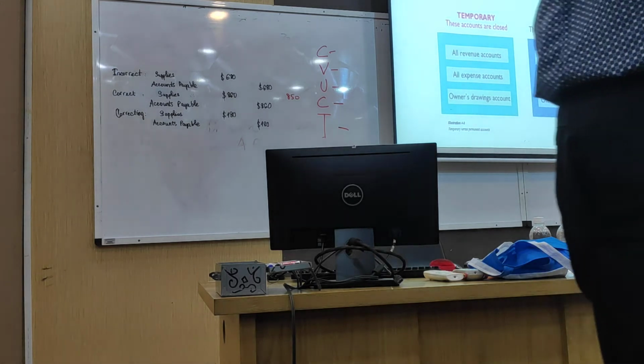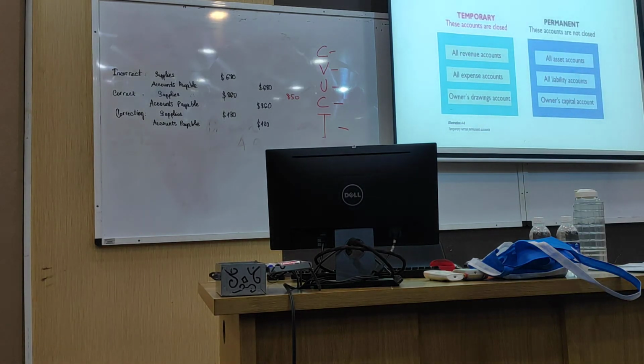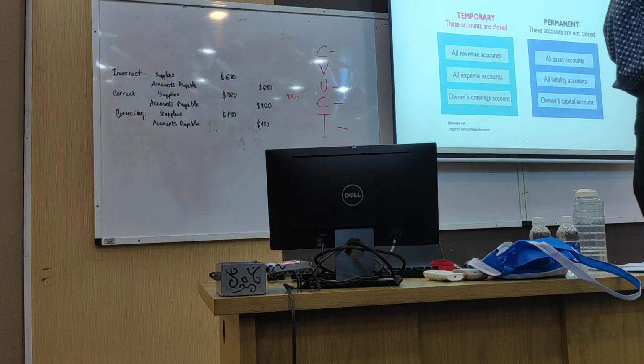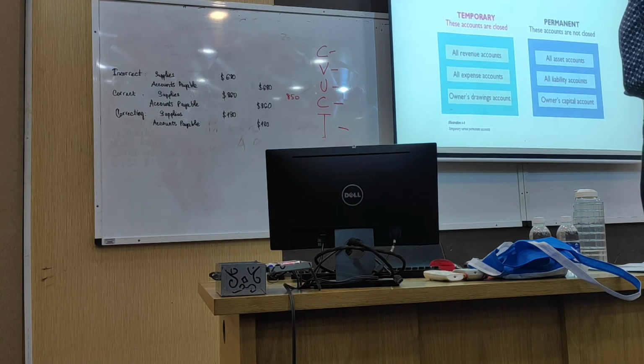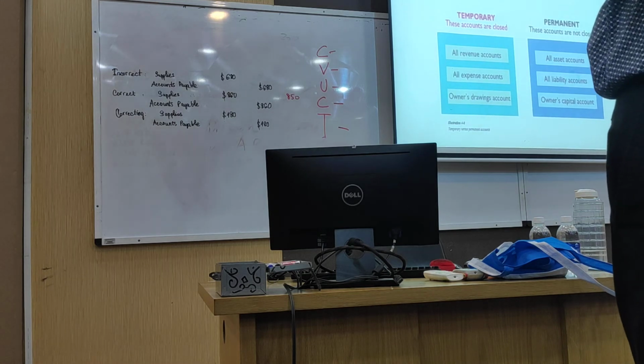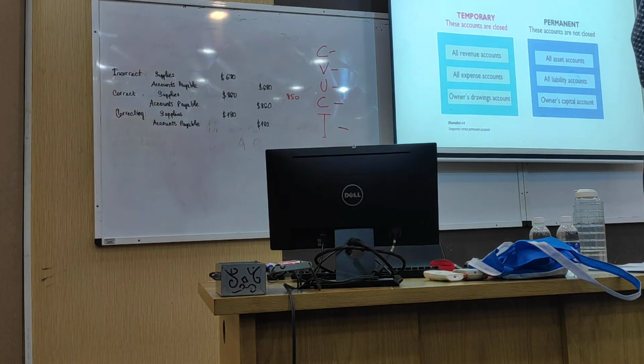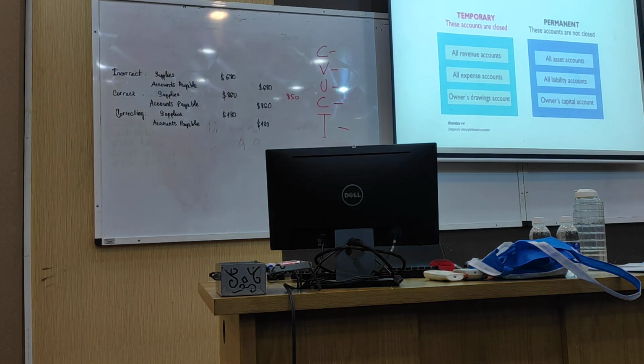Red. From today onwards, red means temporary account. R is revenue, E is expense, D is drawing. So when you think of the color red, you know that it is temporary accounts.